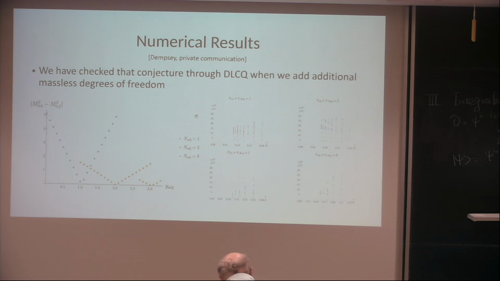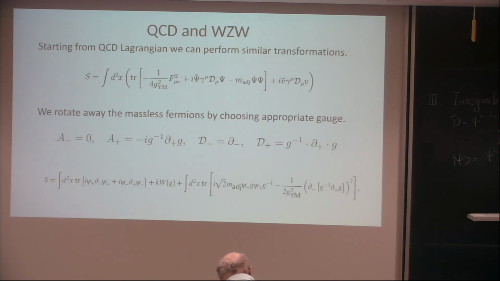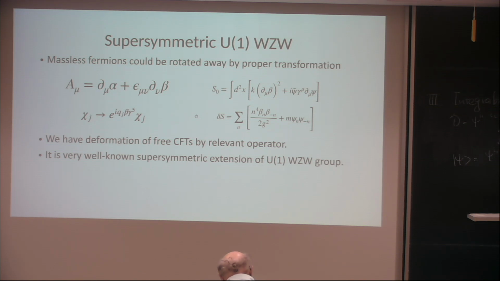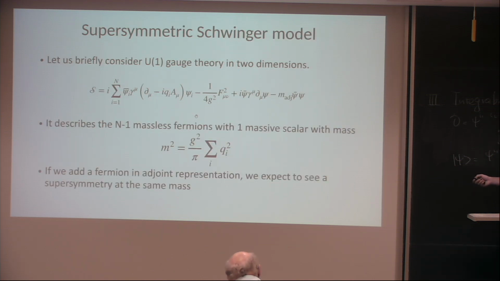I had one question about the Schwinger model. Is there a way to retain supersymmetry at non-zero electron mass? Let's say n equals 1, you add an electron mass.